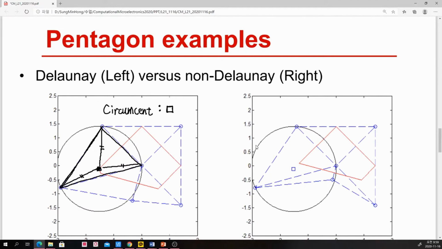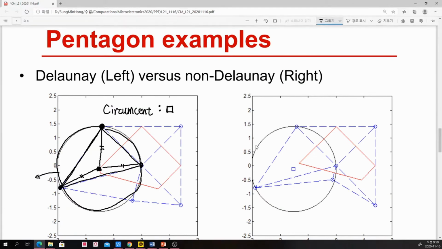It means that the distances between this circumcenter and the corner points are all identical. So now we can build a circle connecting this node, that node, and another node, and you will find a certain circle. This circle is called a circumcircle.